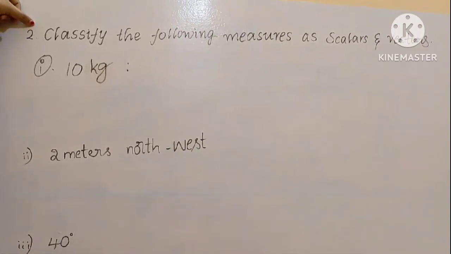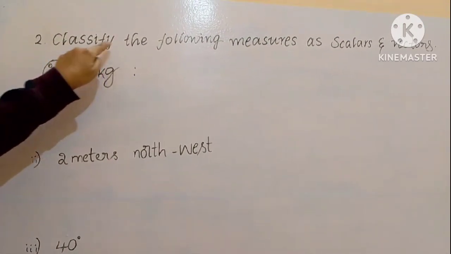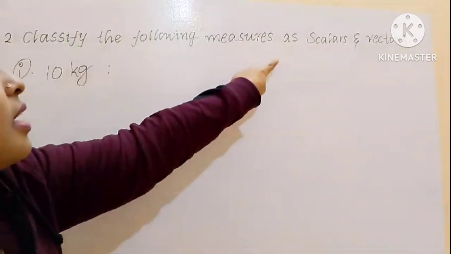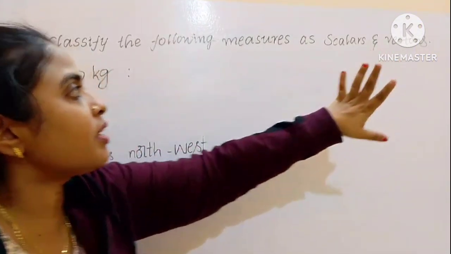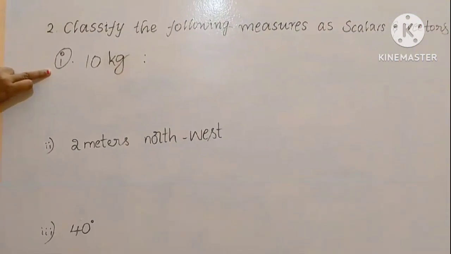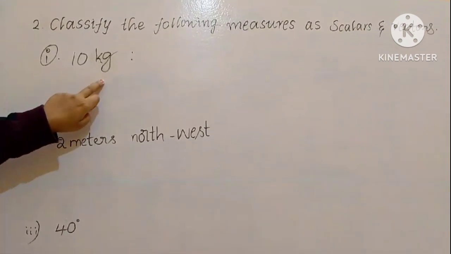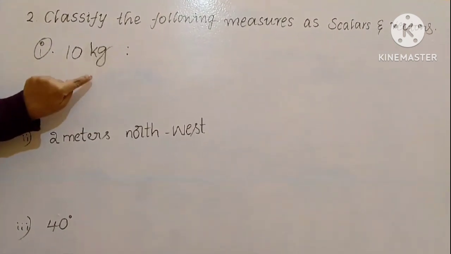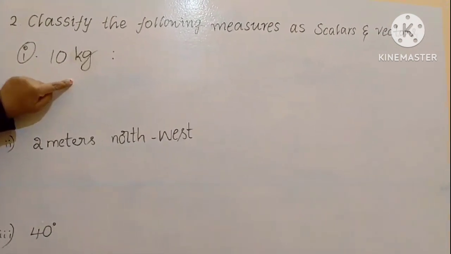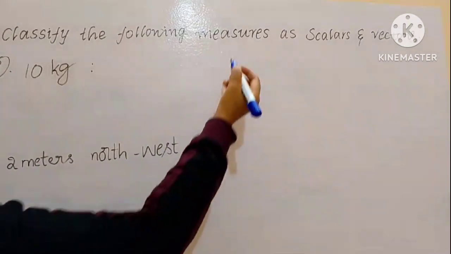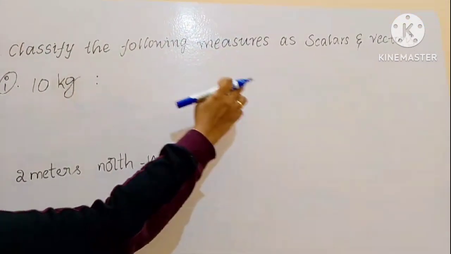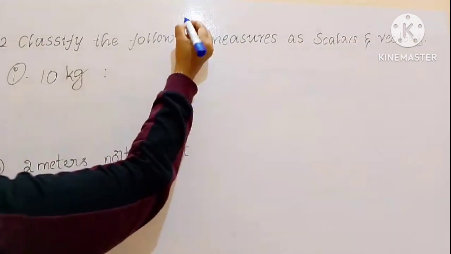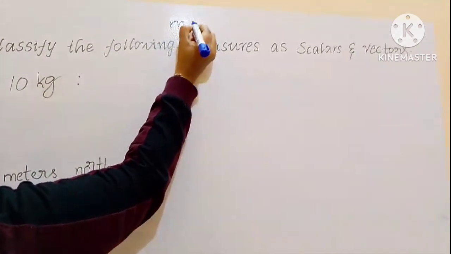The second question is: classify the following measures as scalars and vectors. In that, the first is 10 kg. Kg represents magnitude. Before going to this, I'll give the definition for vector. What is a vector? A vector is a physical quantity.